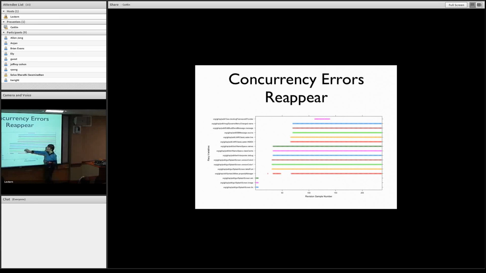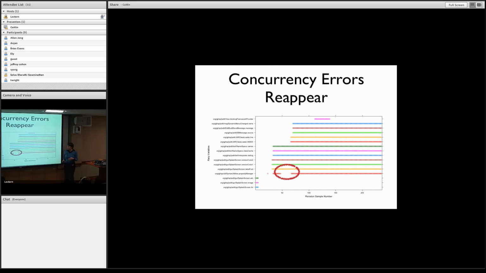So this line here is saying that this particular variable was racy for all of these revisions. The two things I want you to notice are, one, that these errors persist. There are a lot of racy variables that are racy for a long time. And also that here, and I'm seeing this in other places, a variable stops being racy but then comes back and is racy again later.